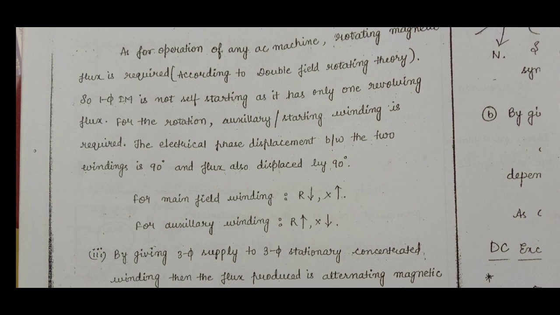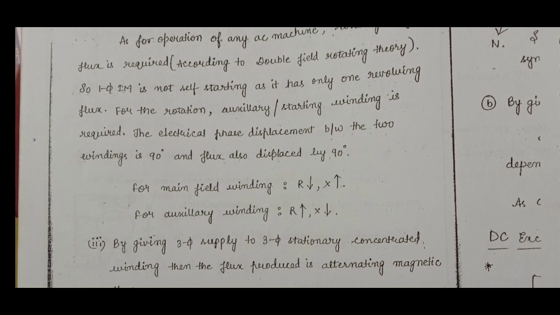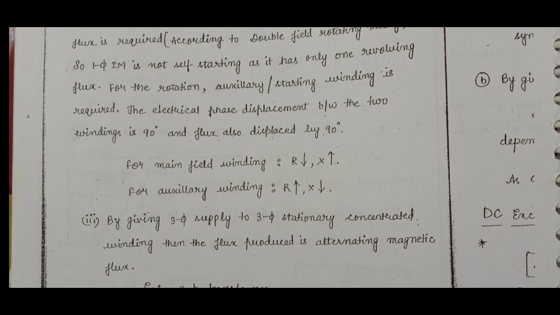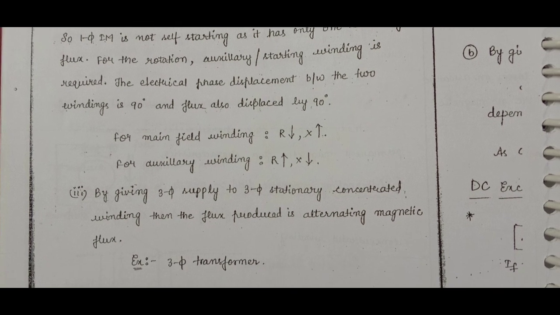When the single phase supply is given to the single phase induction machine, the alternating flux or pulsating magnetic field will be produced.